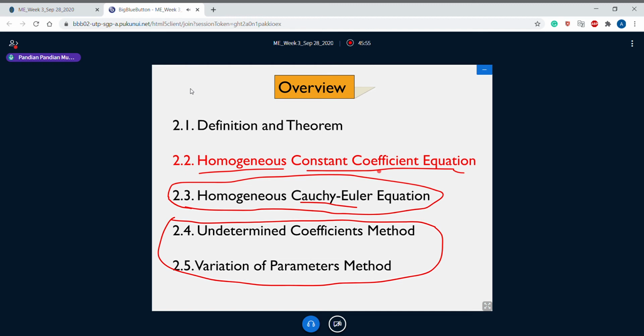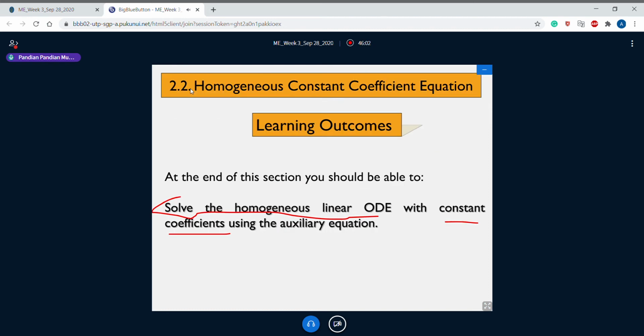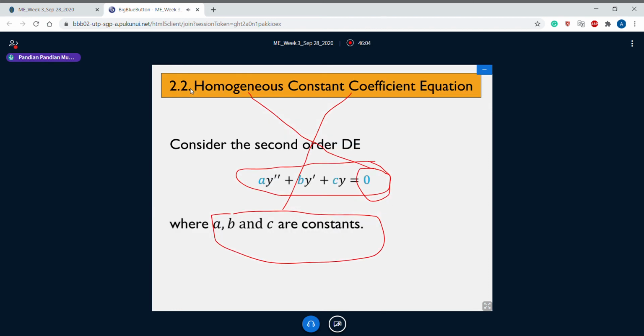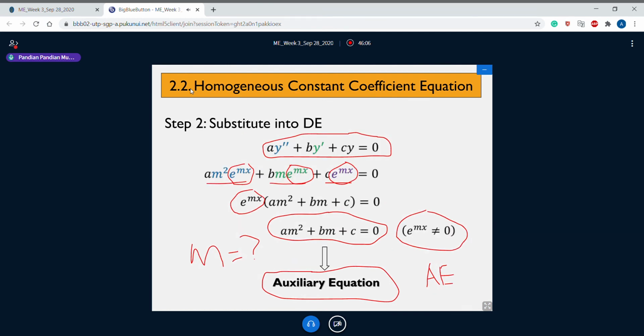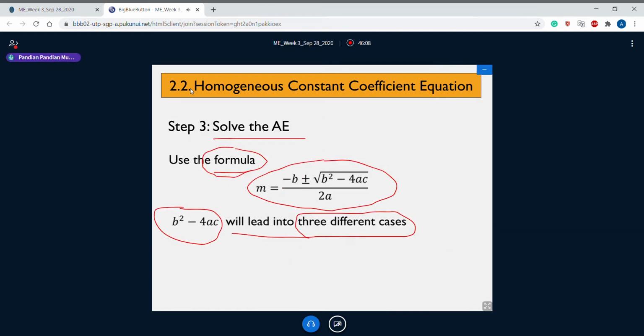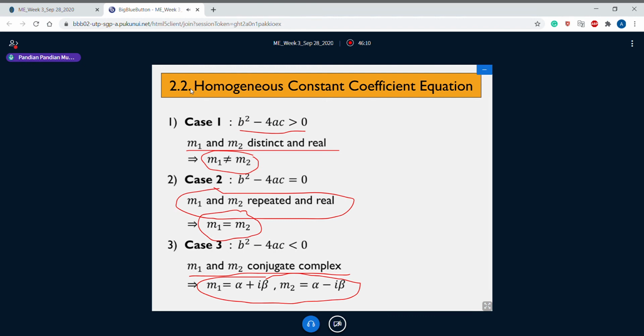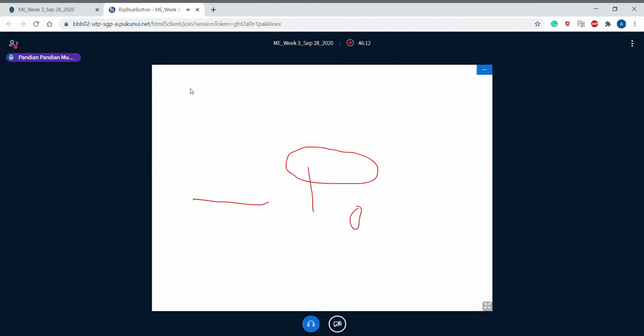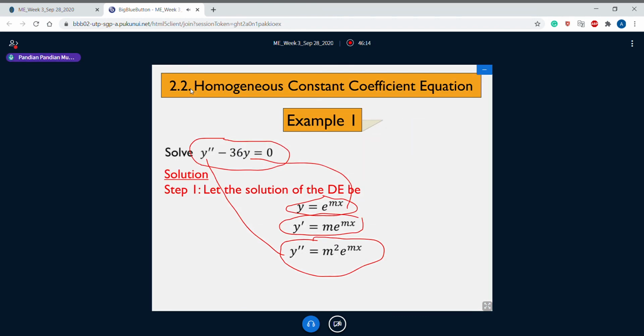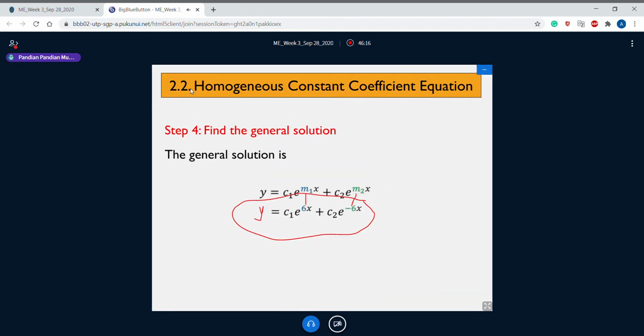Any question, class? Homogeneous constant coefficients. So if you go through the slide, we already finished. If you have any problem, please you can ask me now, because after that we will not repeat all this.